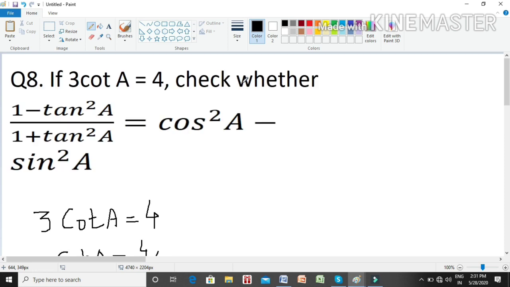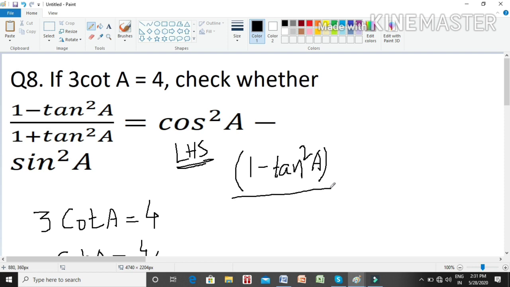This is the LHS of the expression. We are first going to simplify the LHS and find the value, then do the same with the RHS, and then equate them and see if they match or not. So LHS is (1 minus tan square A) divided by (1 plus tan square A).